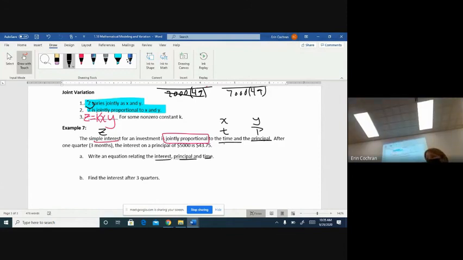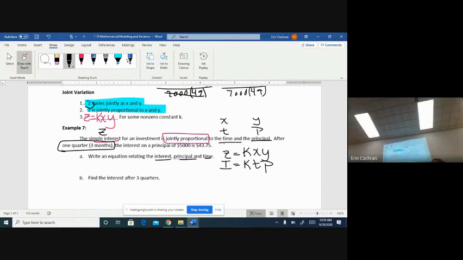Okay. So we're looking at Z equals KXY, right? Where Z is represented as what? Our interest. K we'll have to figure out here. X is my time and Y is my principal, right? To be able to write this equation, we have to find what K is, right? So let's plug in our information. 1 quarter is 3 months.